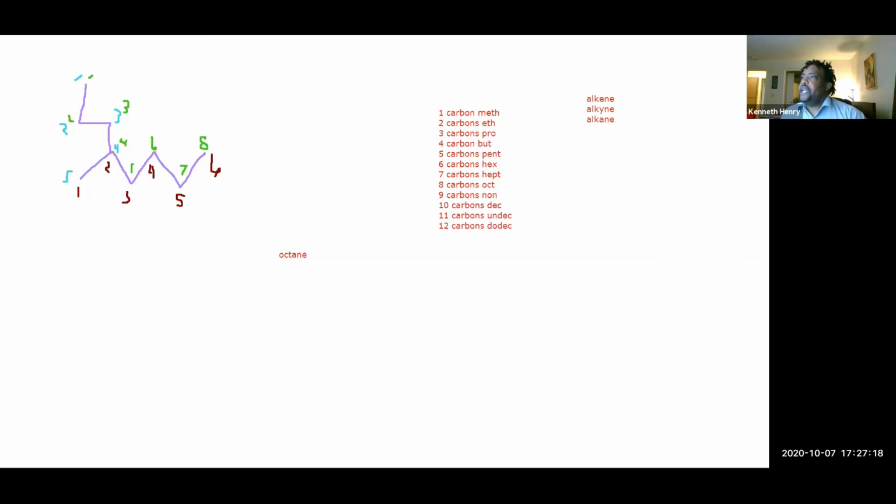What we do when it has a single carbon that is kind of on its own is we put a Y-L at the end. So with 1 carbon, the prefix would be what? Meth. So we would say methyl.